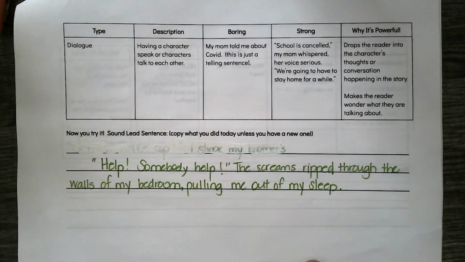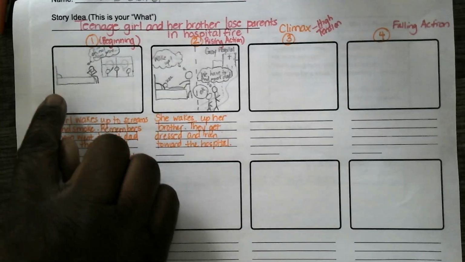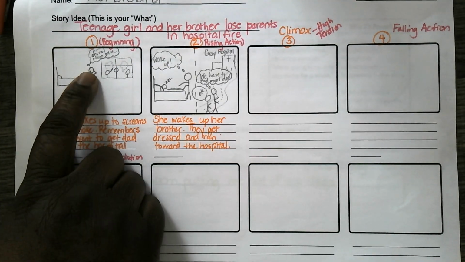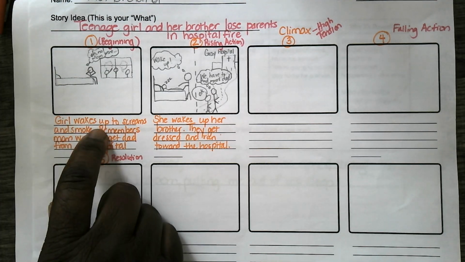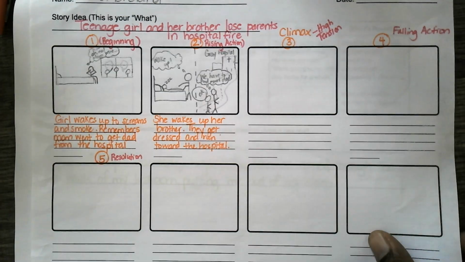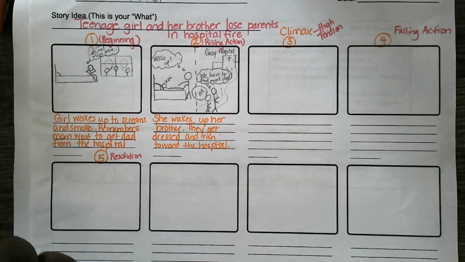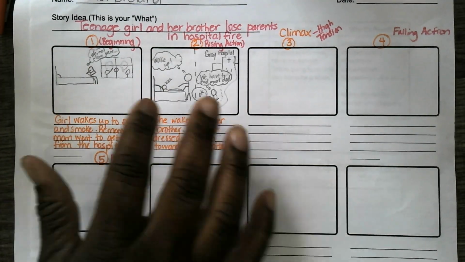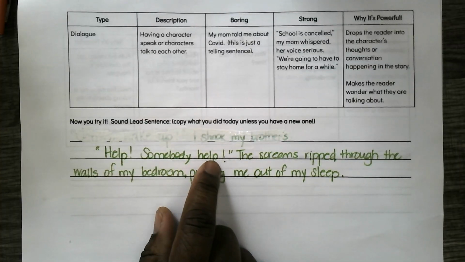And I kind of had a challenge with this one because in my scene, the main character is asleep, but she wakes up to screams outside and smoke. So I had to be very particular about who's doing the talking there, because no one else is in the room with her. So I wrote, "Help, somebody help."